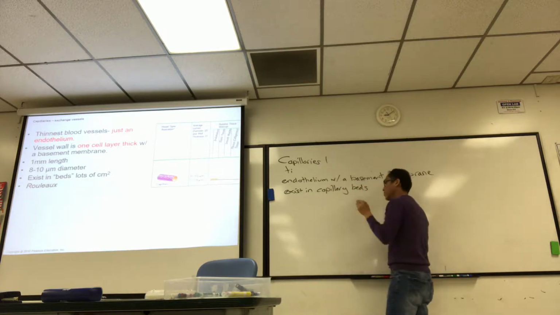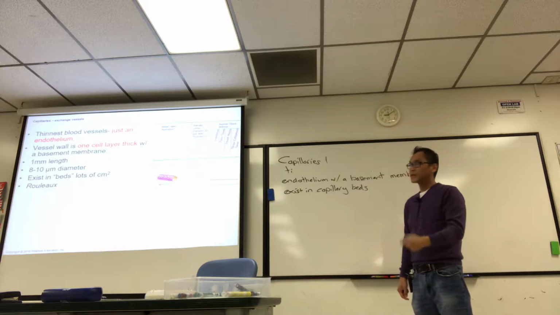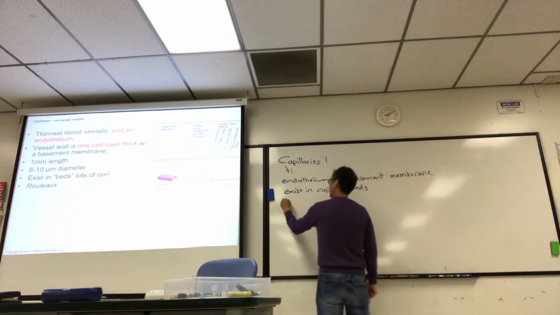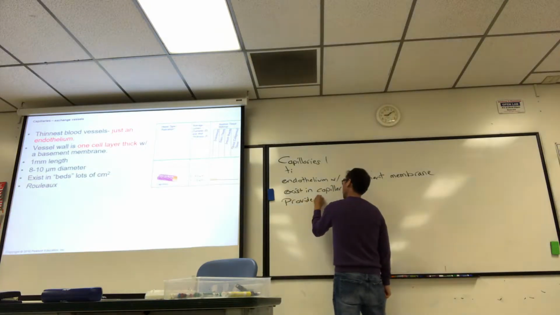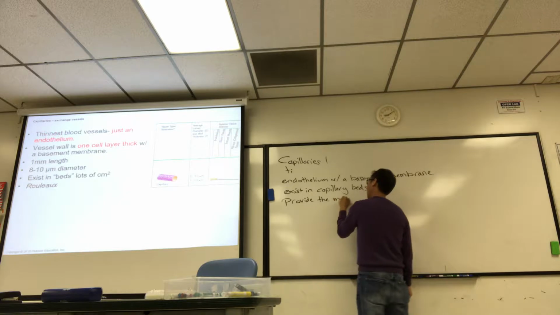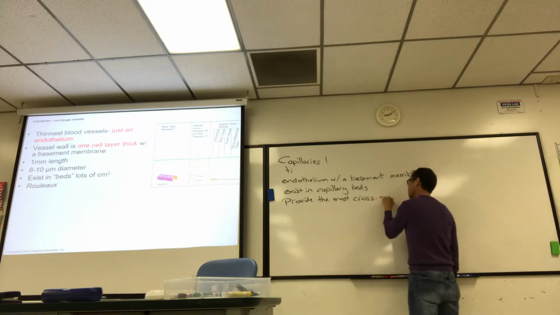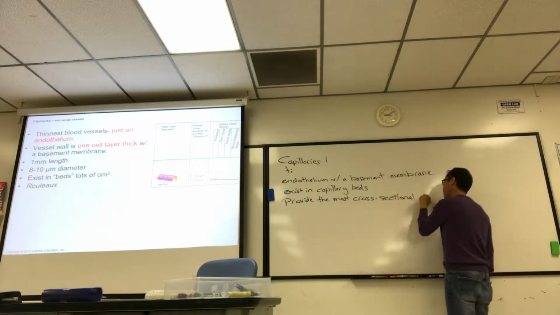Beds of capillaries, and it's the smallest blood vessels that provide the most cross-sectional area for blood to flow. Now, area is length times width.